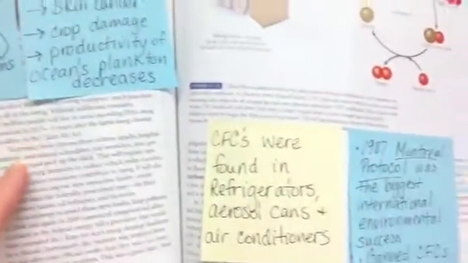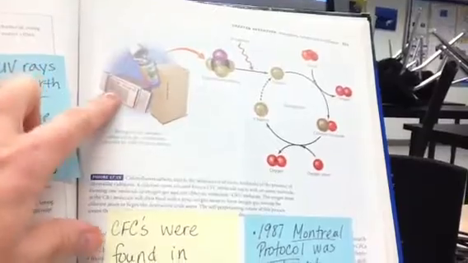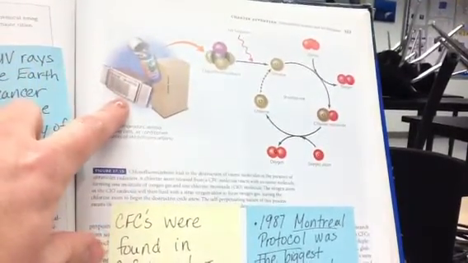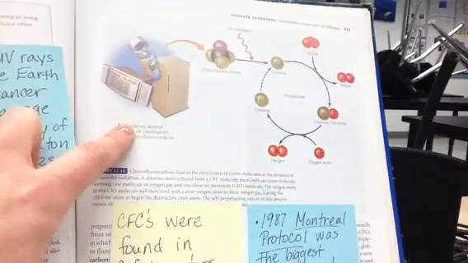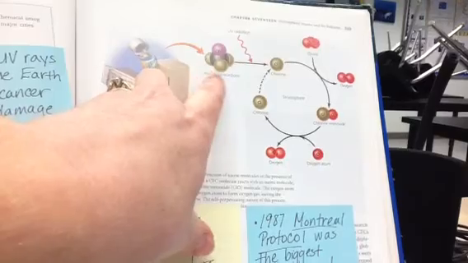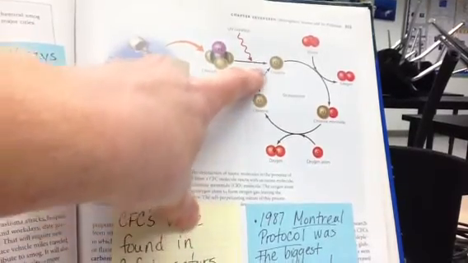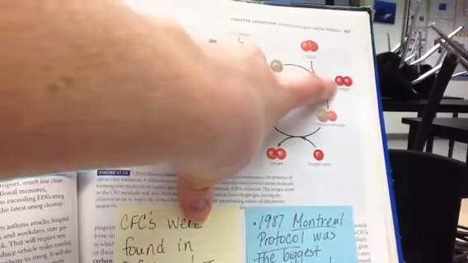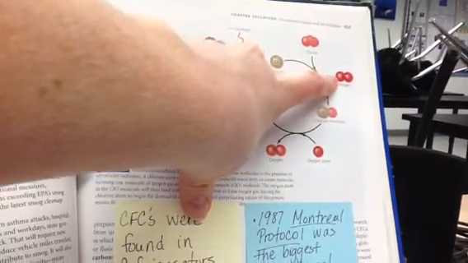So where did CFCs come from? Well, you can see the picture here. They used to be in older refrigerators, aerosol cans, and air conditioners. They've since been banned. But what happens is that the chlorofluorocarbons split the ozone into just regular O2 oxygen.